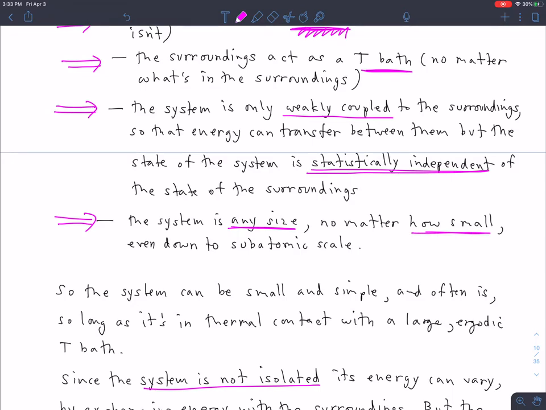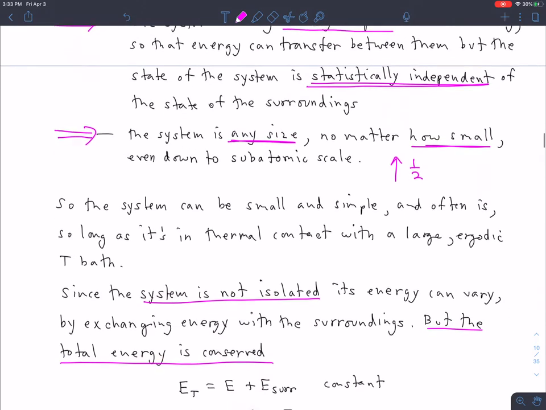The system doesn't have to be complicated, and the system doesn't have to be ergodic. Even a single spin 1/2 on the nucleus of a hydrogen atom can be treated using the Boltzmann distribution, despite the fact that it's the simplest possible quantum system that there is.